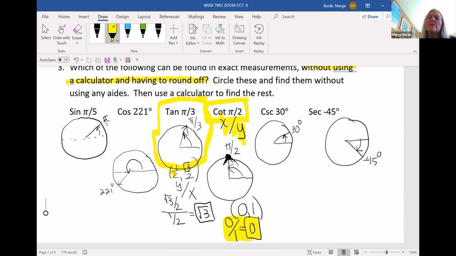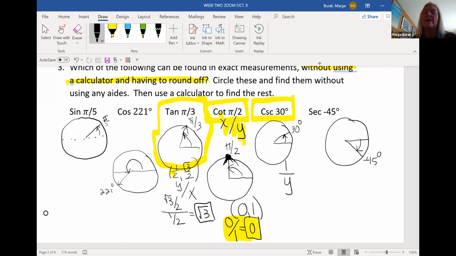All right, so let me work a couple of these then. Cosecant of 30 degrees. First you ask, what is cosecant? That's 1 over sine, or the reciprocal of sine. And I know sine is the y coordinate, or if there's a radius, y over r, but these are all unit circles, so it's going to be 1 over y.